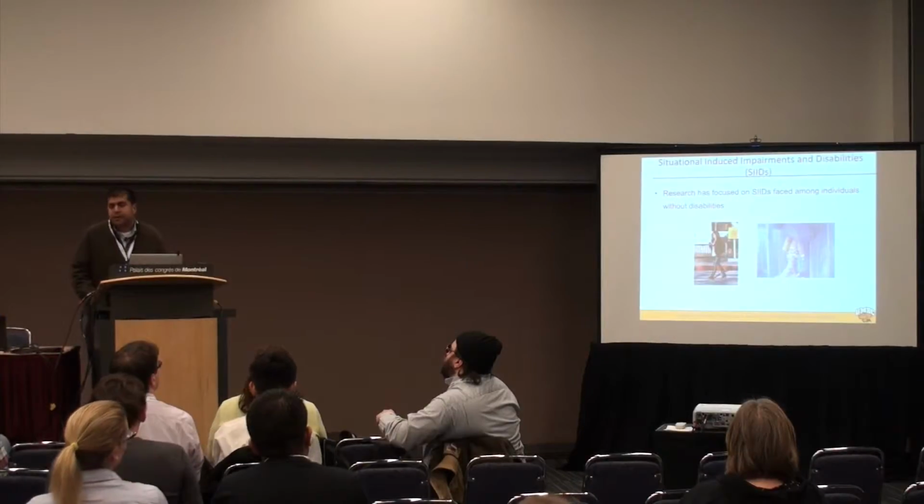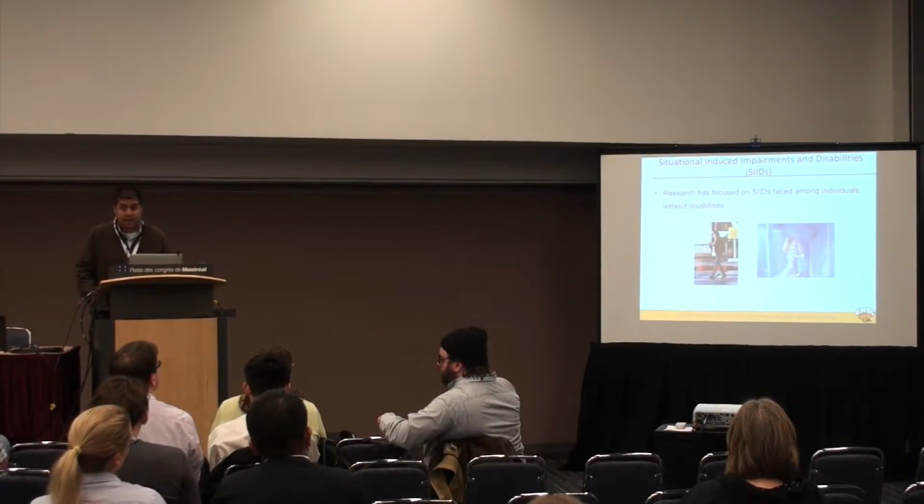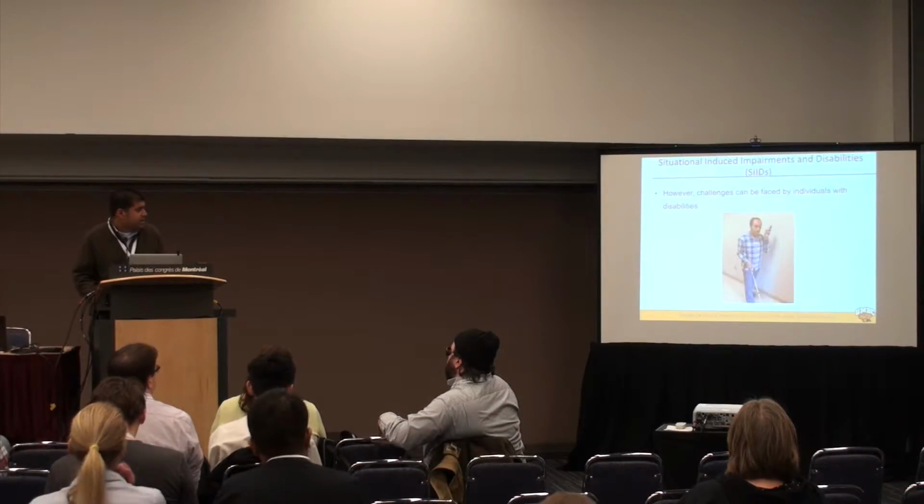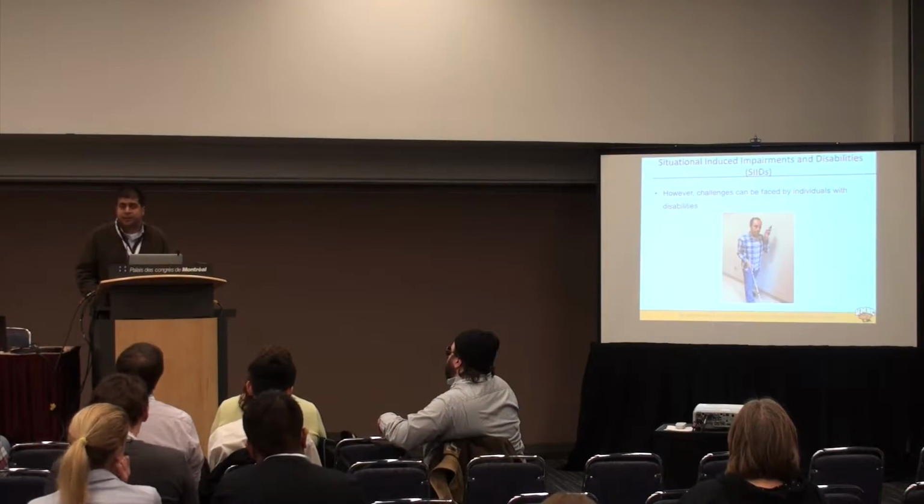Okay, so much of the research focusing on situational impairments, or SIIDs, focuses predominantly on the needs of young healthy users. There hasn't been much work looking at the needs of people with disabilities. So our research has begun to look at the needs of individuals with disabilities, specifically people with visual disabilities.